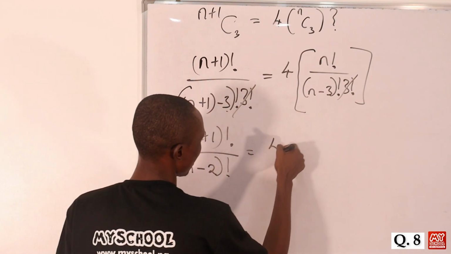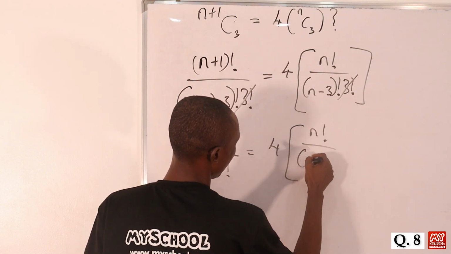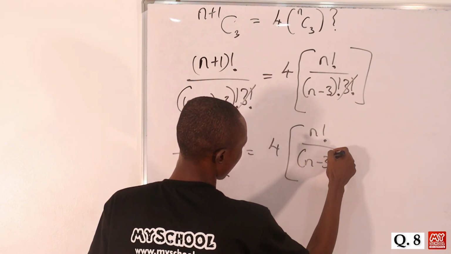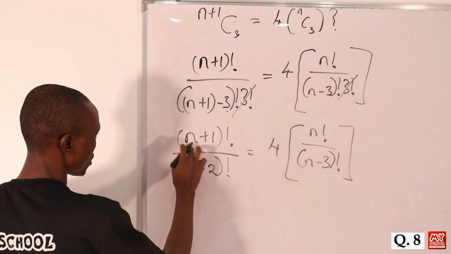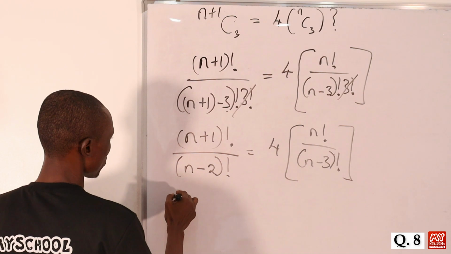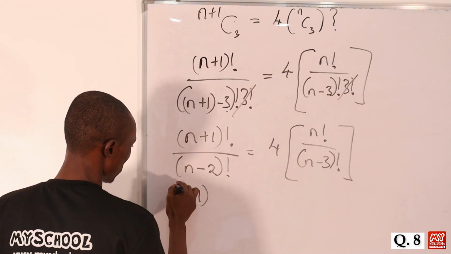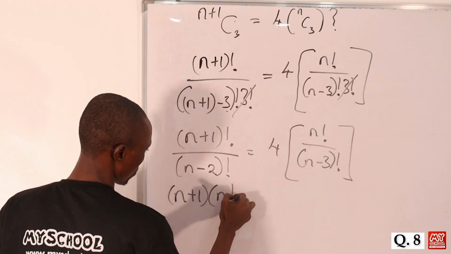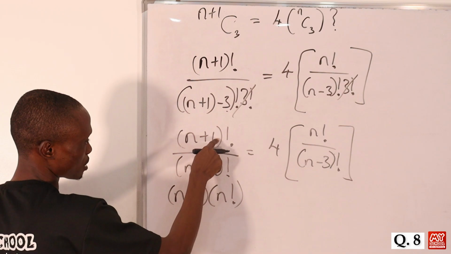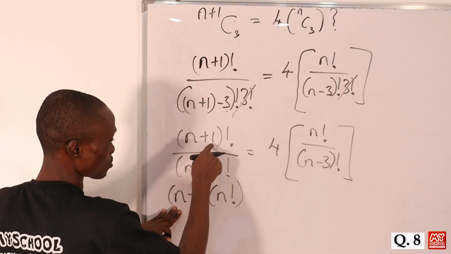On the other side, we still have n factorial over (n minus 3) factorial, all in brackets. Here let's break this down a little. We have (n plus 1) in bracket, then n factorial, because we actually subtracted 1 from n plus 1.